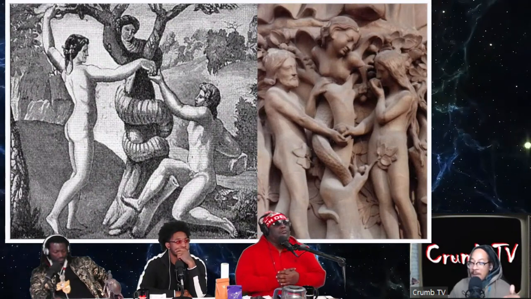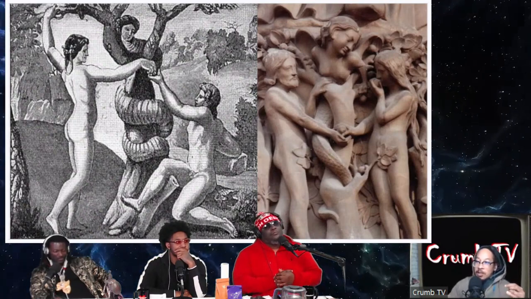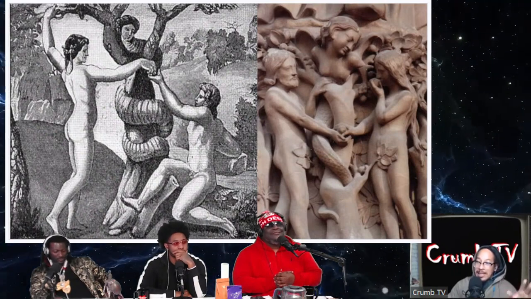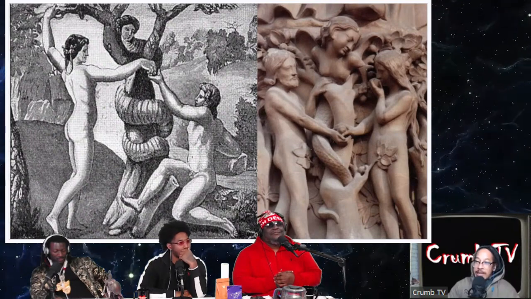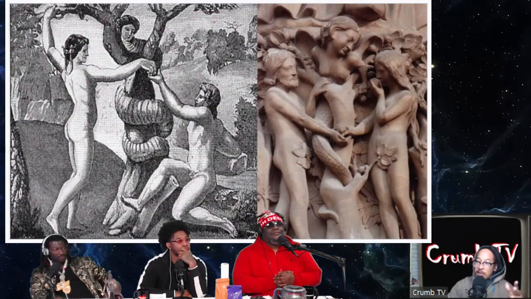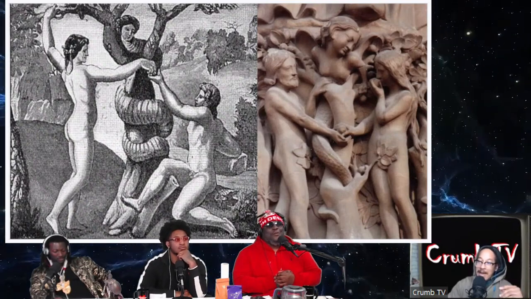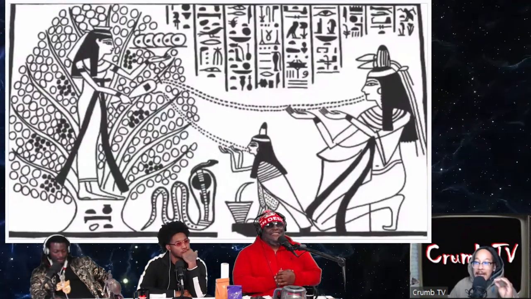The serpent is a female. And this isn't my opinion. You can see different illustrations. This is the poor man's Bible, where they would do it in the stained windows, because back in the day, the commoners couldn't read. So they had to tell the stories through pictures. That's where the stained glass windows come from.